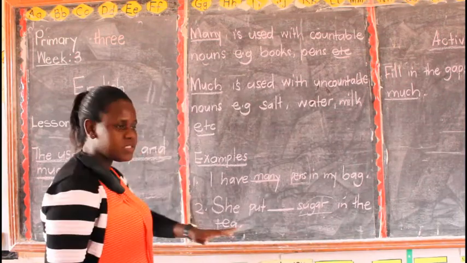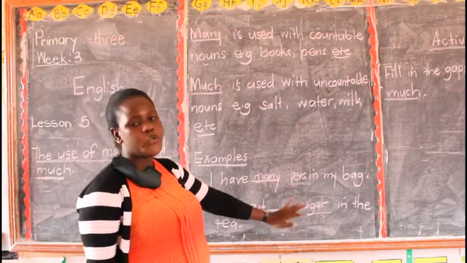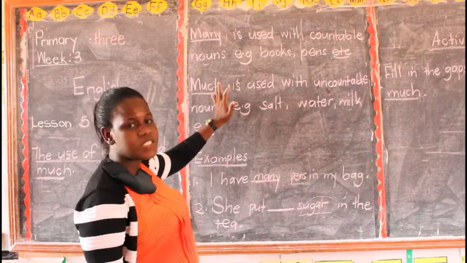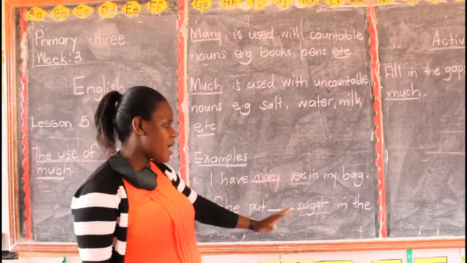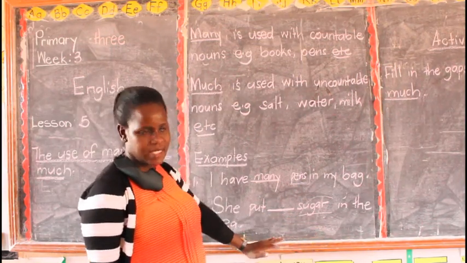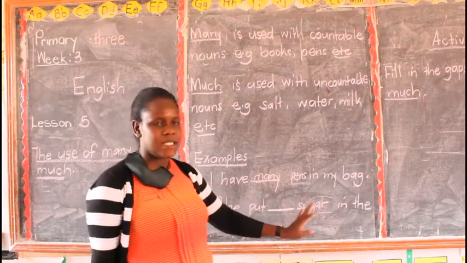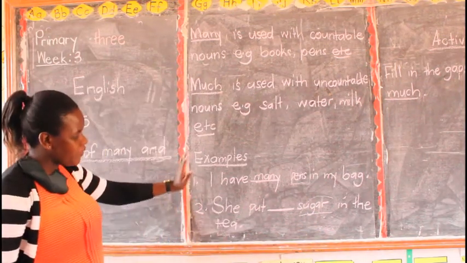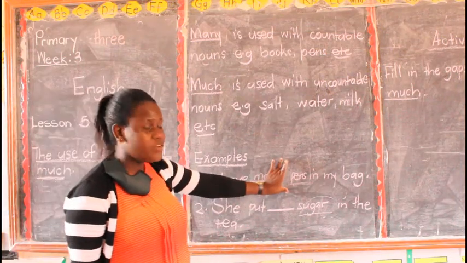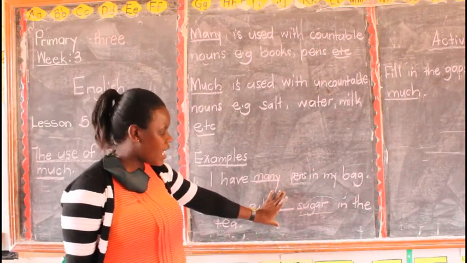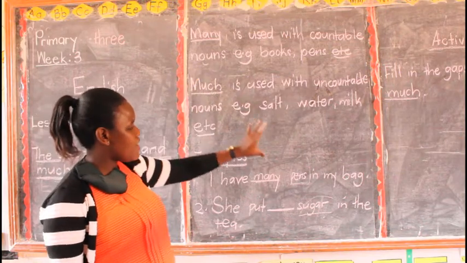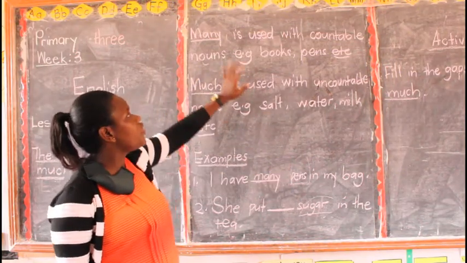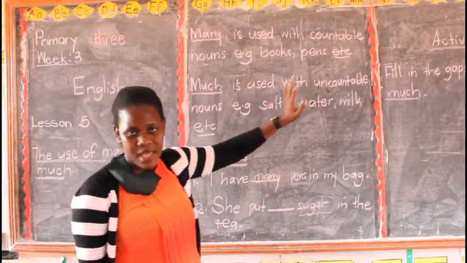Therefore, you use much. She put much sugar in the tea. Are we together? So if they have given you a noun which you cannot count, use much. The noun which you can count, use many.